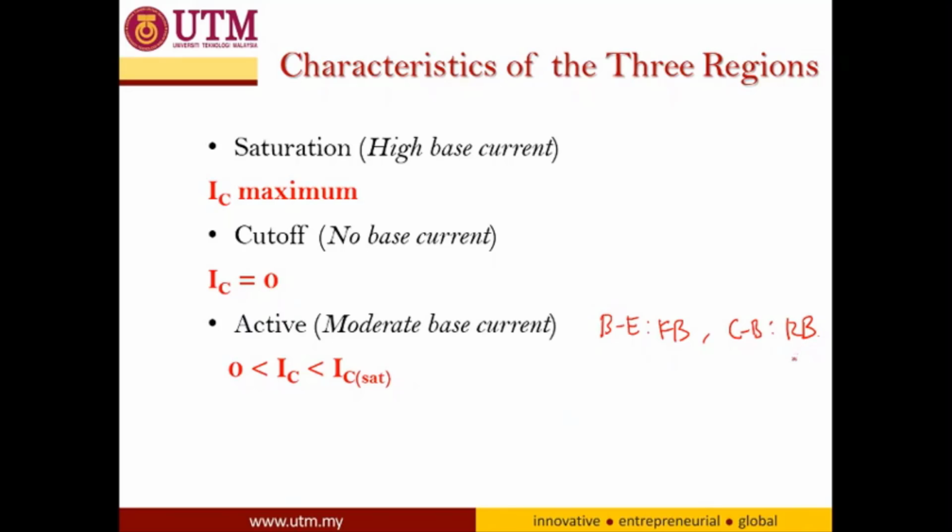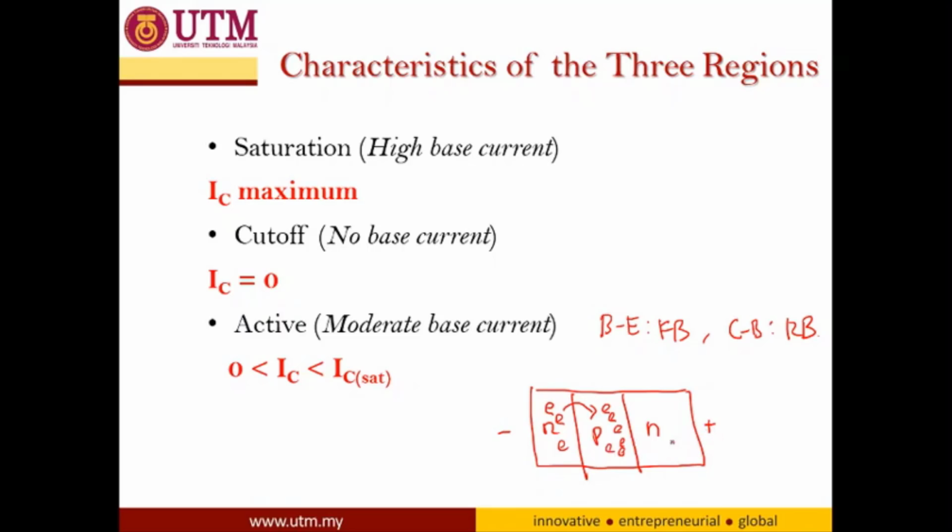So how can the current still flow even though the collector-base is reverse biased? Because of what was explained in the previous slide. This is NPN. Reverse bias means we apply positive here and negative here. Electrons from the emitter move to the p-type base, so there will be many electrons here.